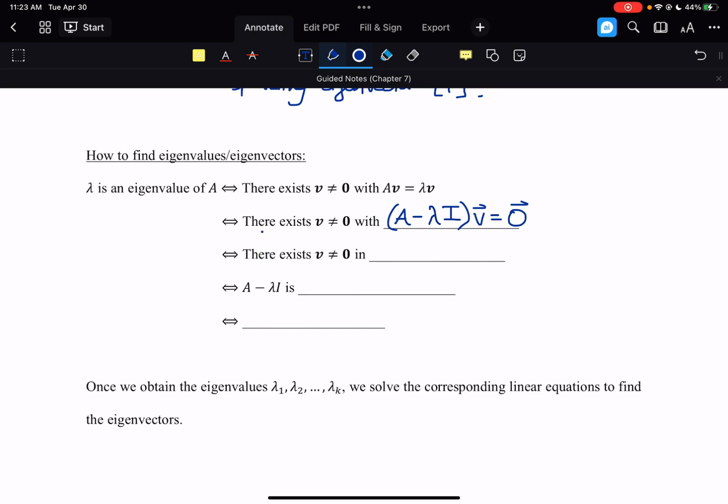So we can say instead of there exists a non-zero vector v with this relationship, we can say there exists a non-zero vector v in the null space of A minus lambda I. So whatever that new matrix is, there is an element of the null space of that matrix that satisfies this relationship.